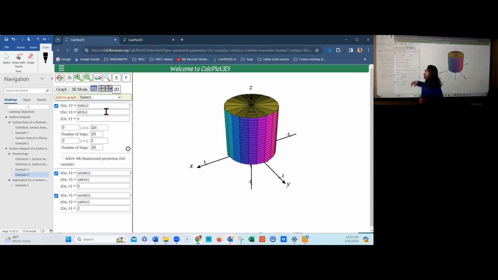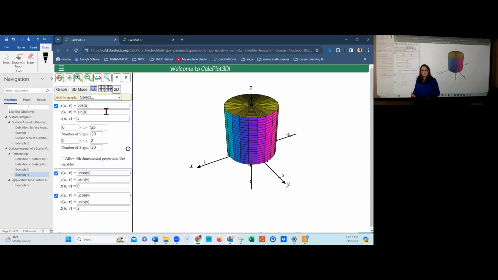Here it is: u cosine v, u sine v, and 2, where we're using u, of course, as the radius and v as the angle. And we're going at a height of 2 because the circular top is when z equals 2.